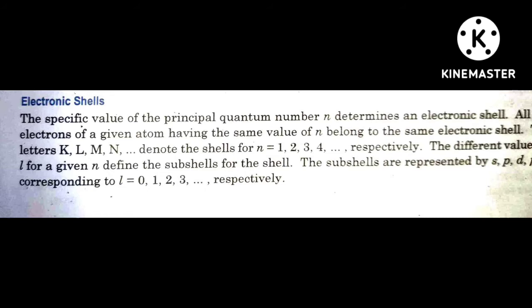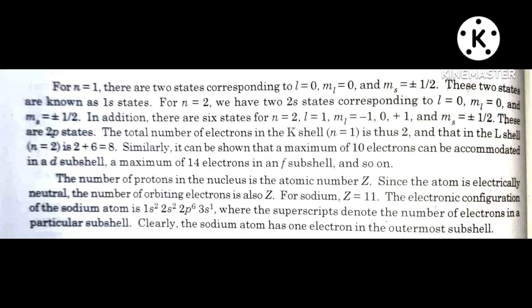The letters K, L, M, N denote the cells for n equals 1, 2, 3, 4, respectively. The different values of l for a given n define the subcells for the cell. The subcells are represented by s, p, d, f, corresponding to l equals 0, 1, 2, 3, respectively.